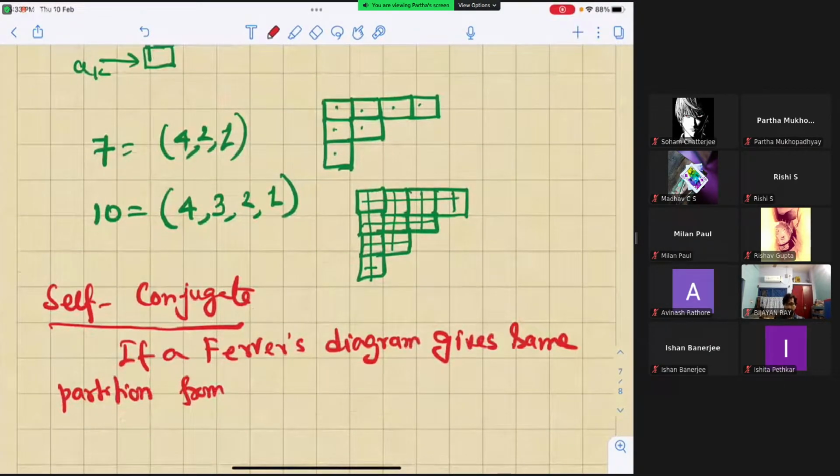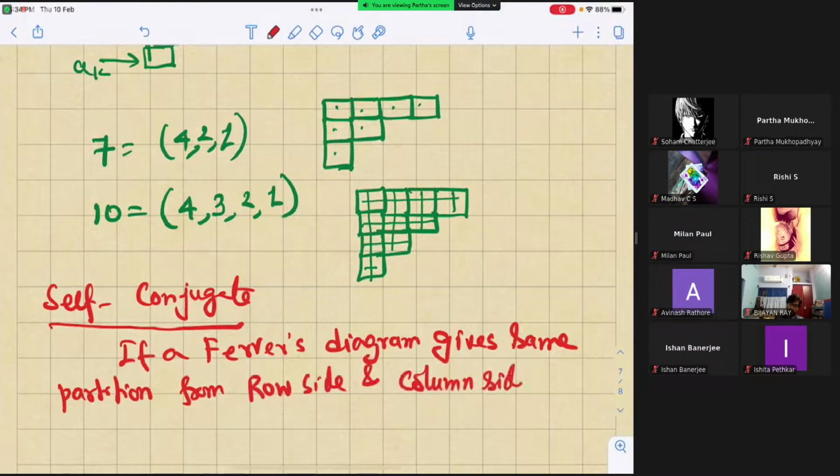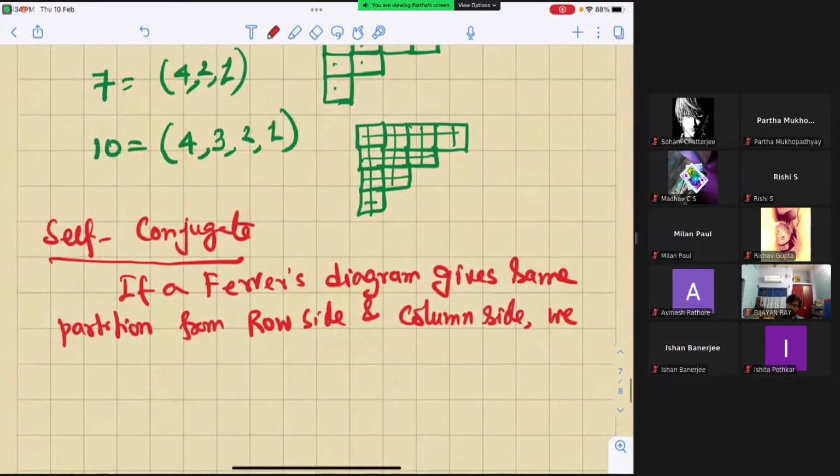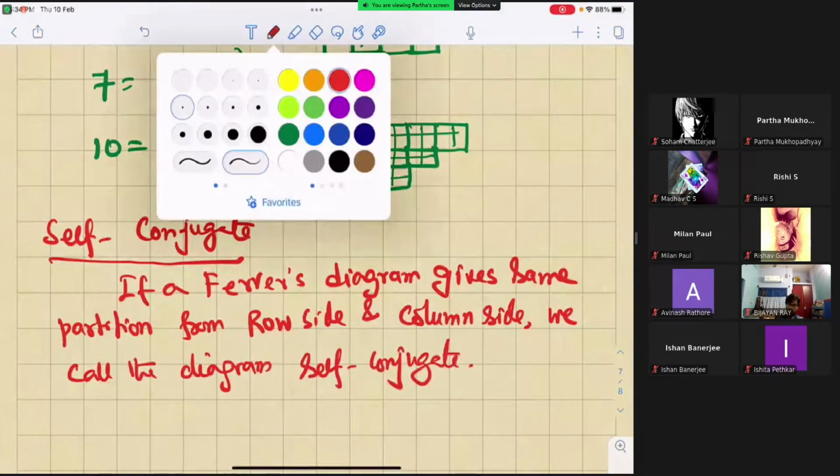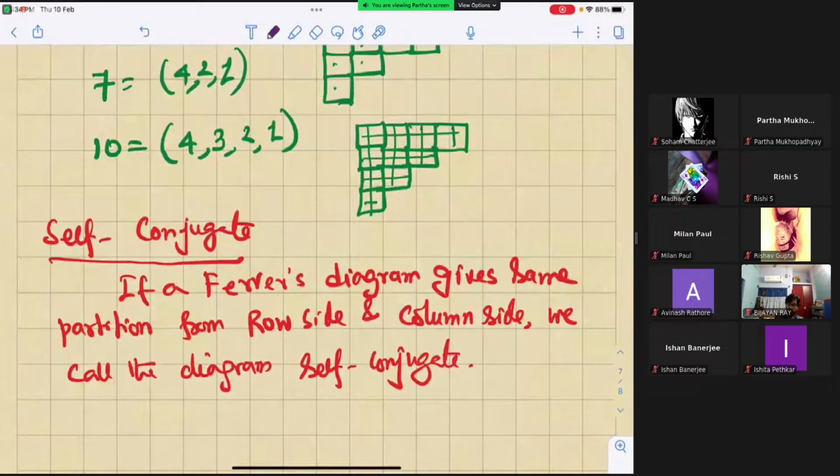If a Ferrers diagram gives the same partition from the row side and the column side, we call the diagram self-conjugate. Okay. Any questions on the Ferrers diagrams? Very simple thing.